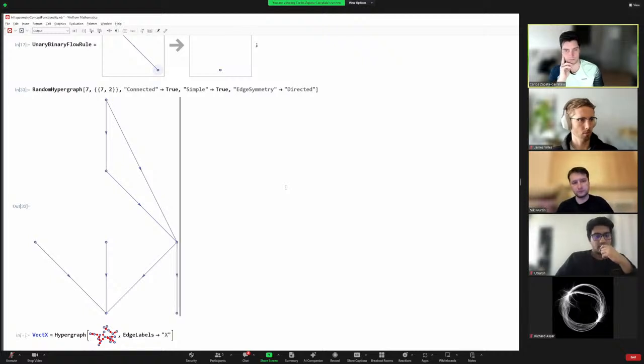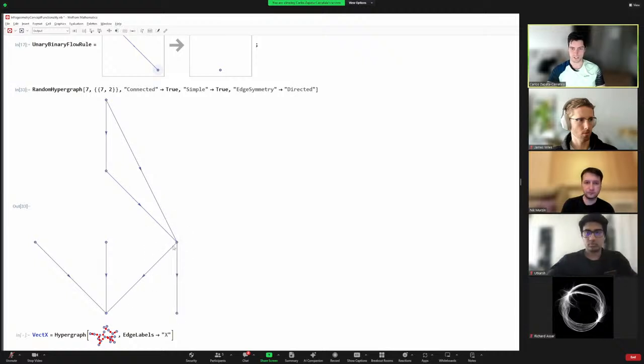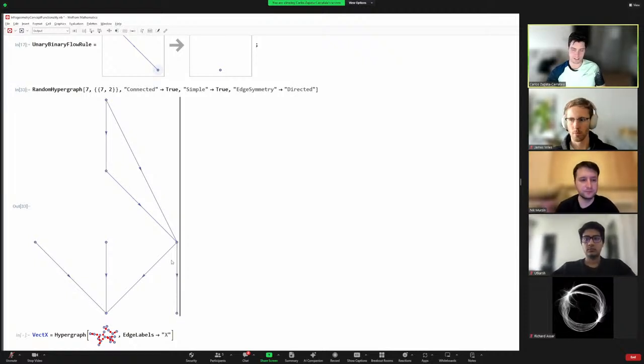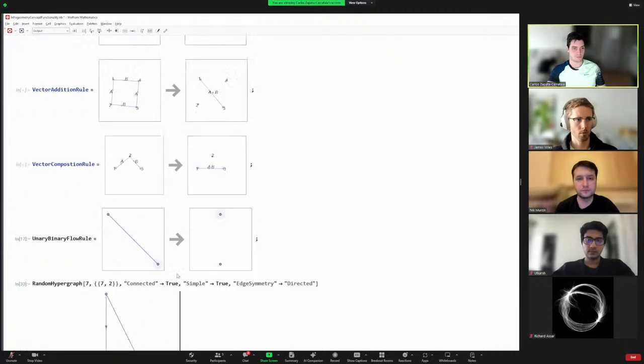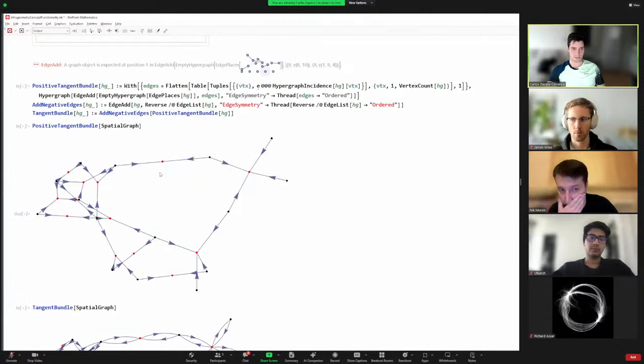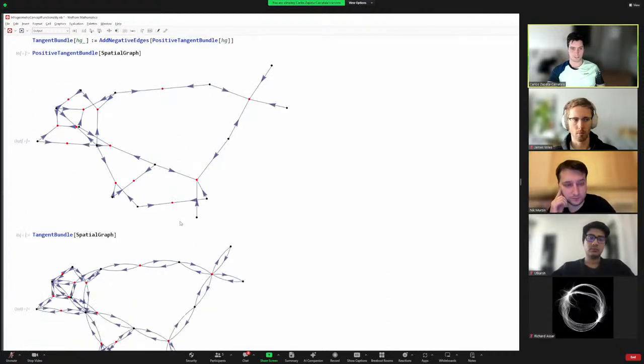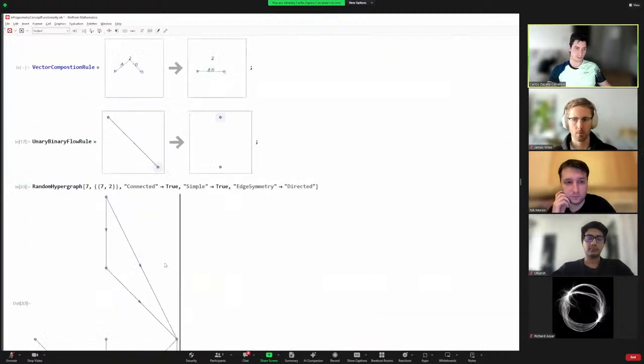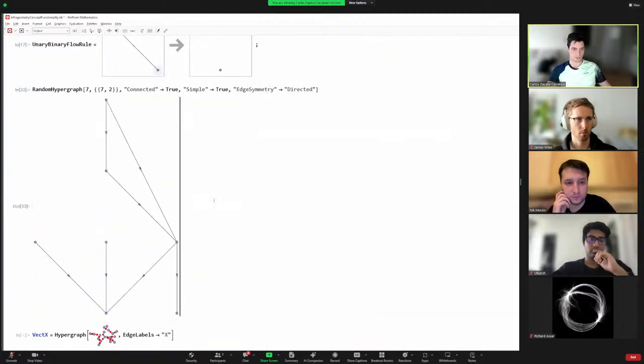If it's simple, we're not running the danger of having multi-edges or loops. So it's going to look like some region of the edge place hypergraph or directed graph that we normally have. We're not separating anything into edge or vertex place, but that might not be so important.